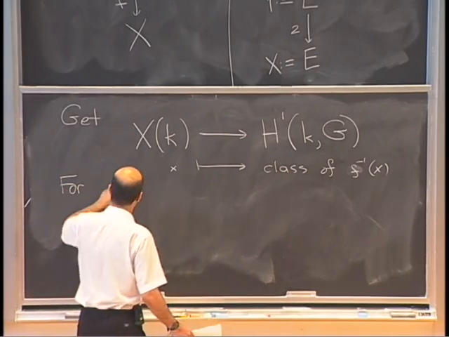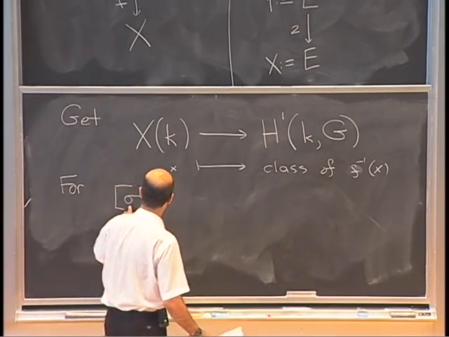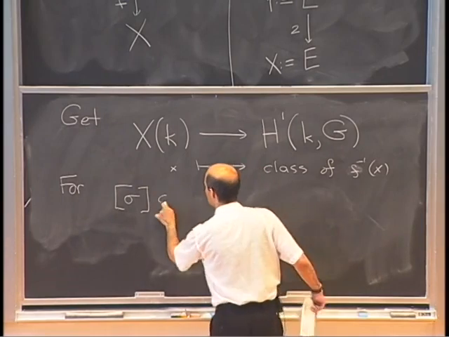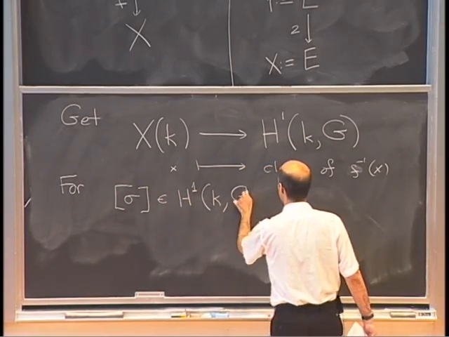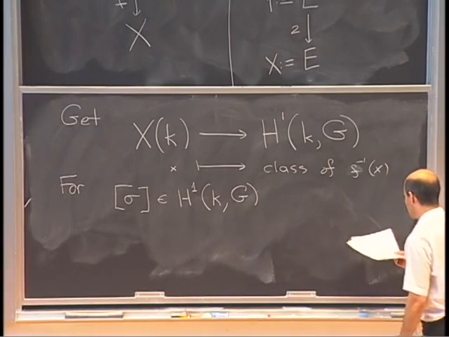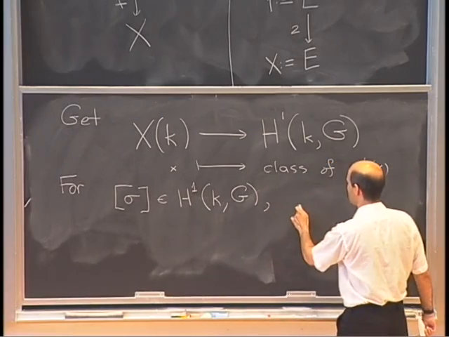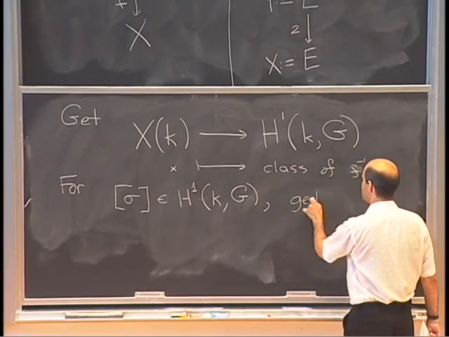So for any element sigma, which represents a 1-cocycle and whose class is in H1(k, G), for any sigma in this way, you get a twist of the original torsor.